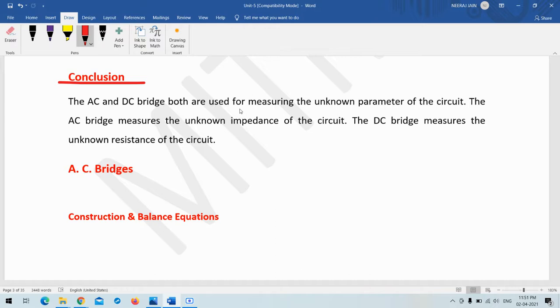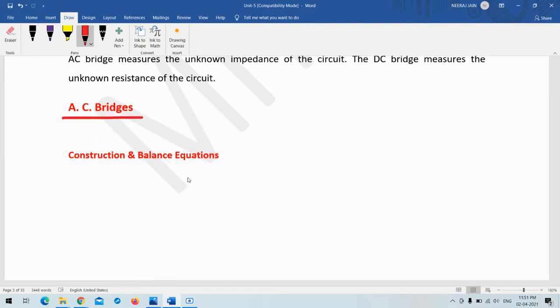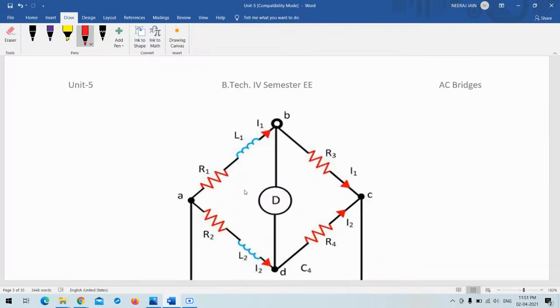The AC bridge measures the unknown impedance of the circuit, while the DC bridge measures the unknown resistance of the circuit. The AC bridge is important, because in this chapter we are going to discuss AC bridges. Now we will see the construction and balance equation of the AC bridge.